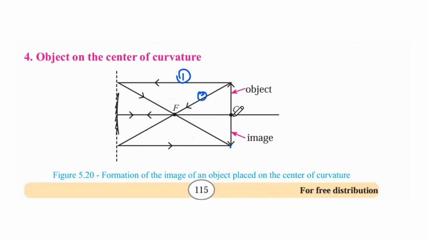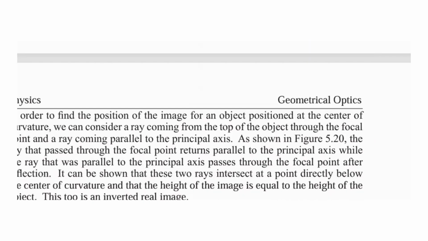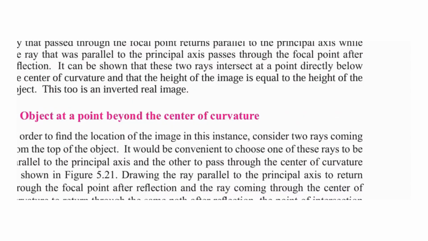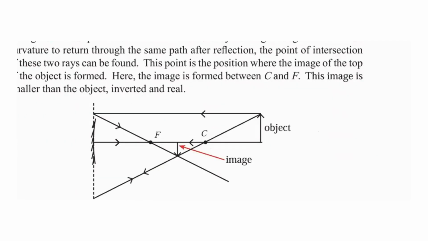So the image is at C itself, but what is the speciality of this? Again, it is inverted. Make sense? So the height of the image is equal to the height of the object, but it is going to be an inverted real image.